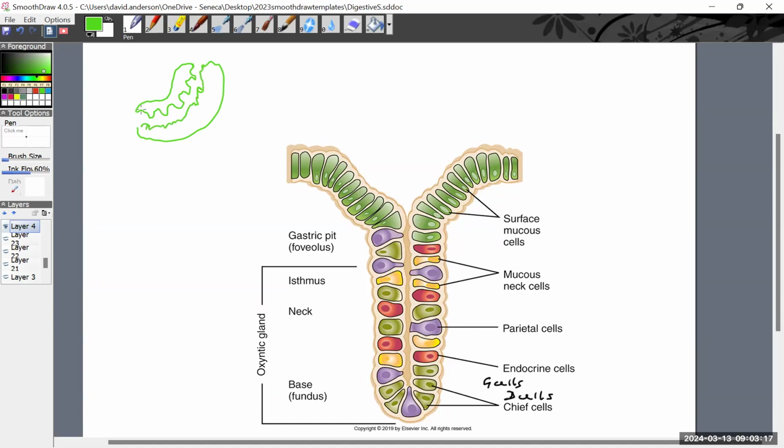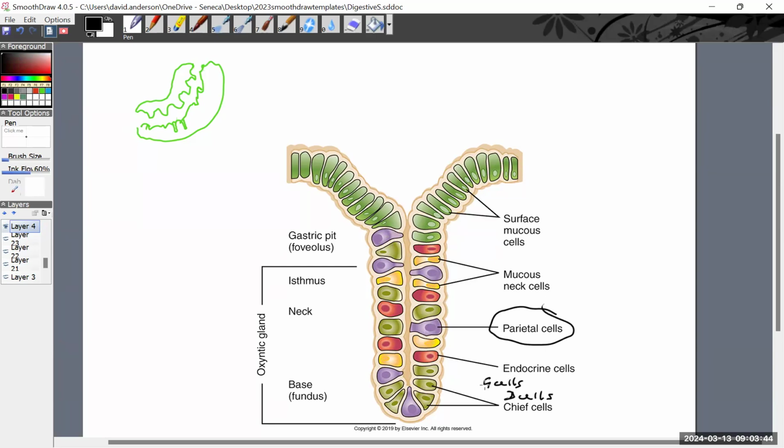And especially as we get down towards the pylorus, but through the body and the pylorus, if we look closer at the submucosal arrangement of simple columnar epithelium, we would see gastric pits. And the gastric pits are filled with distinct cell types that are going to contribute to the production of our hydrochloric acid. So here's our parietal cell.